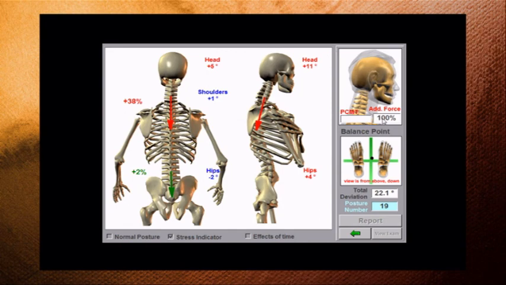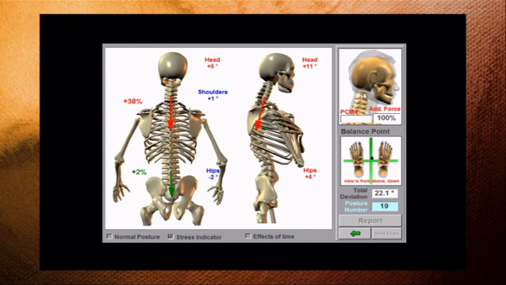Now, this force is measured in newtons, which is a downward gravitational force, and it's primarily affecting the discs and articular surfaces in the cervical spine, and to a lesser extent the other joints and discs in the spine. So PosturePro can very quickly identify and quantify the amount of force that's being absorbed primarily in the cervical spine.